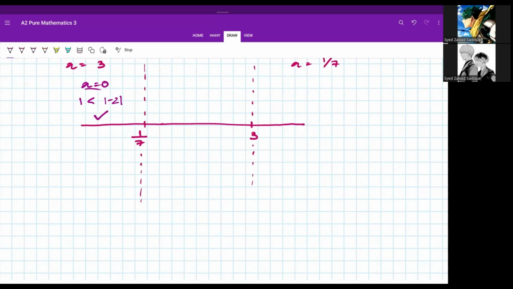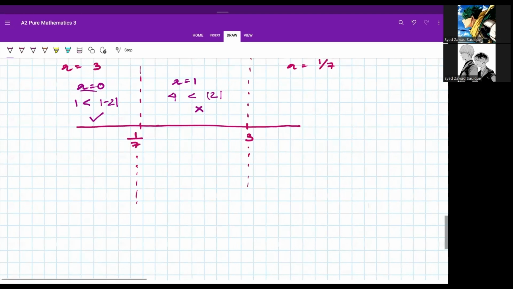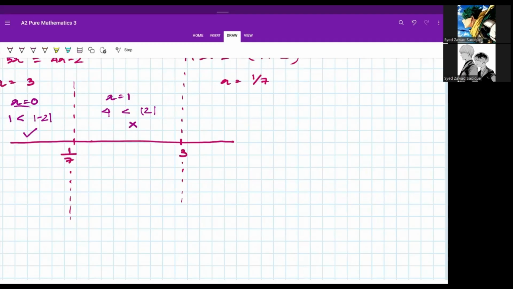So it is correct. Now we have to use a value in the section between 1 by 7 and 3. So we can use x is equal to 1. All right, so the value comes as 4 and 2. So this is wrong. Now finally, for this section, we have to use a value that's greater than 3.